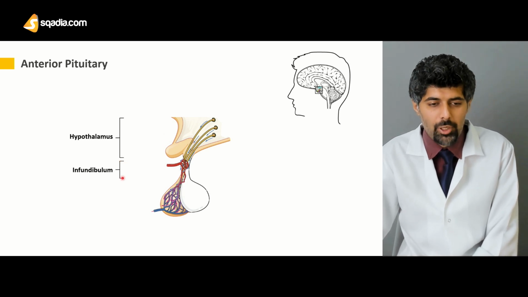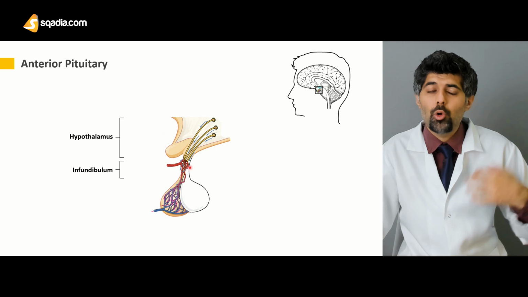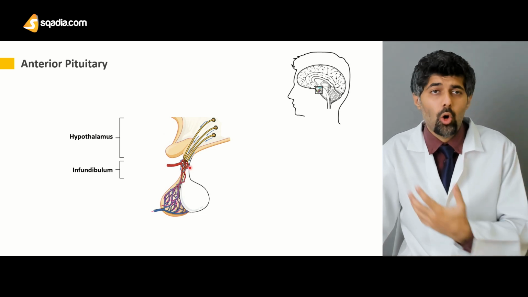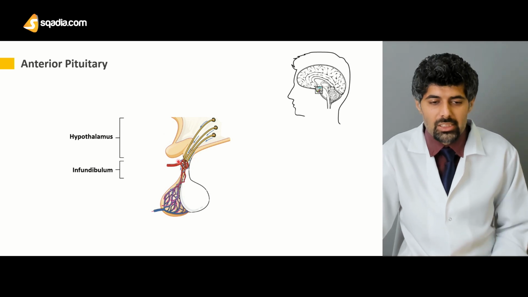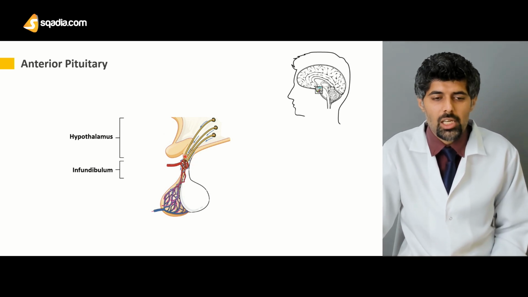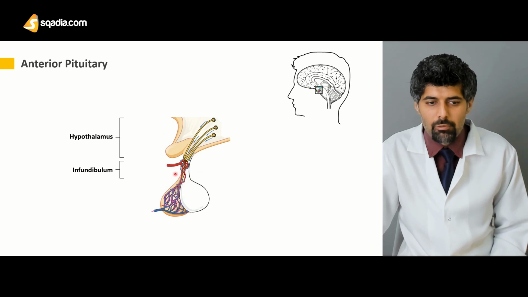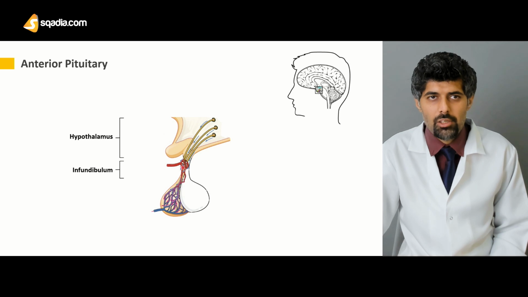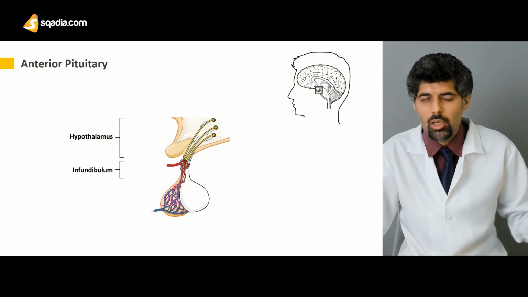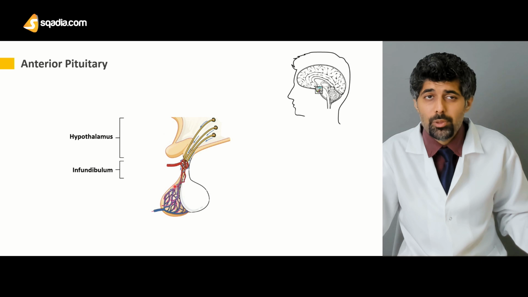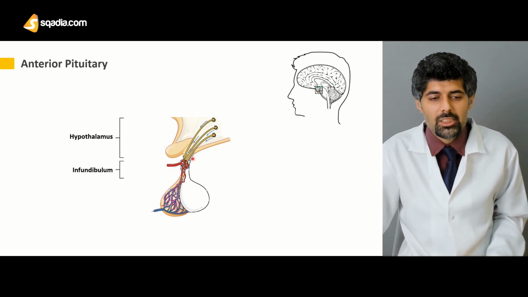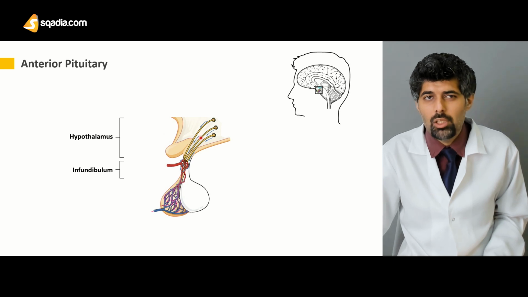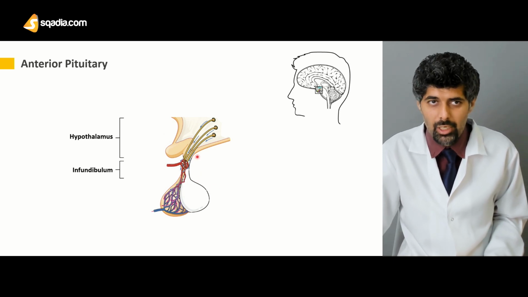Next, we have the infundibulum, or the hypophyseal stalk, or the pituitary stalk. There are many names for it, but this is the area known as the infundibulum. This infundibulum contains both the pouching of the anterior pituitary, or the anterior lobe of the pituitary gland, and the extension of the posterior gland towards the hypothalamus.